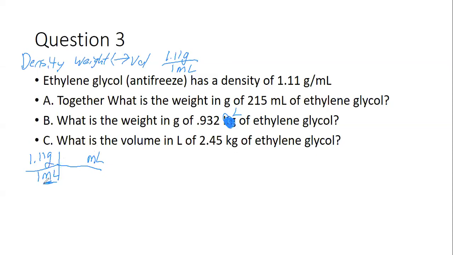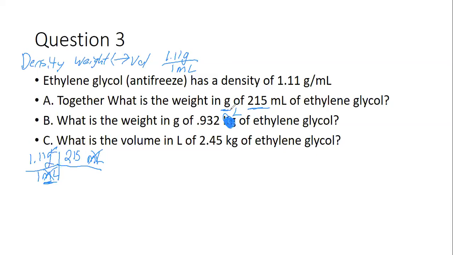How many milliliters do I put? Well, I want to know what is the weight of 215 milliliters. So 215 goes at the top. Milliliters cancel out, and my unit is left in grams, which is what the question's asking for. So I know I set up my problem right. Now you just multiply everything at the top together, divided by everything at the bottom.